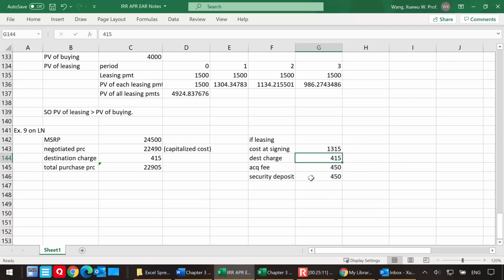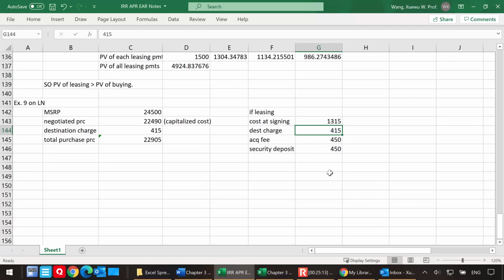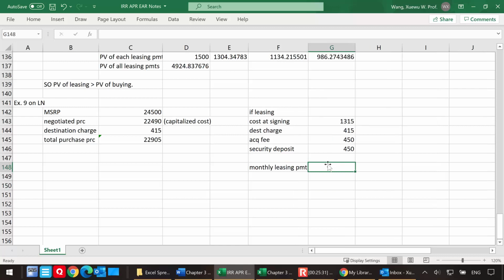So that's the breakdown. And maybe the dealer says, now you have no more questions, right? I show you the breakdown of these numbers. In addition, you have to pay a monthly leasing payment. How much is it? The dealer took out the calculator, punched it a few times and came up with $373.43.